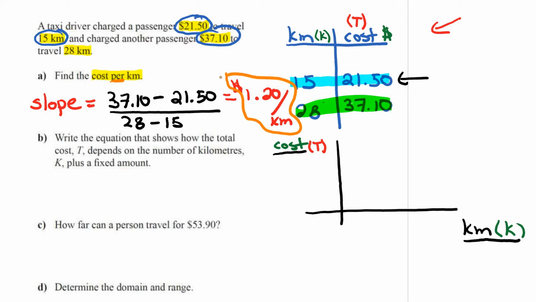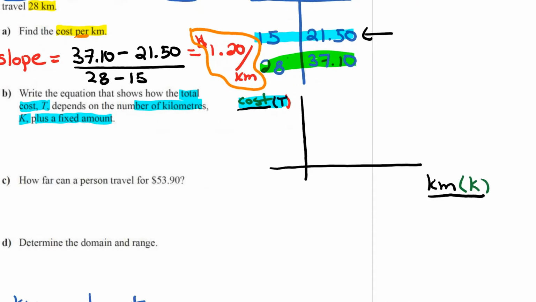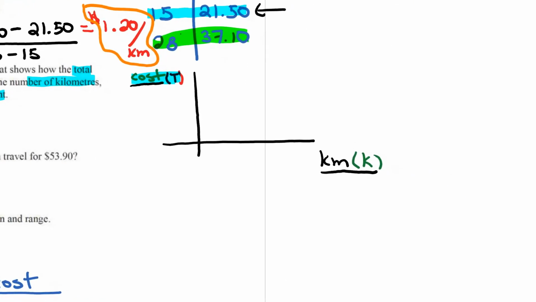For part B, I need to find the equation that shows the total cost T. The total cost depends on the number of kilometers, K, plus a fixed amount. Over here, I constructed a little graph, and maybe we can sketch it so that we can find the equation.